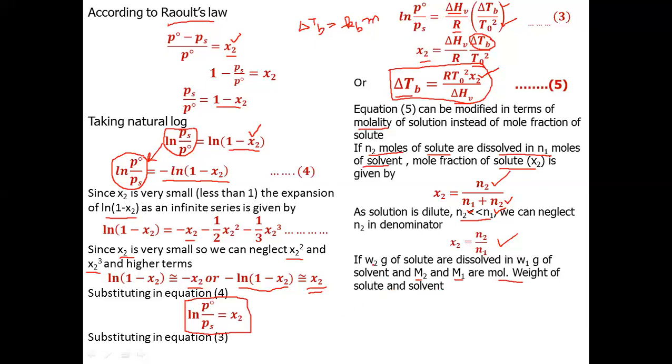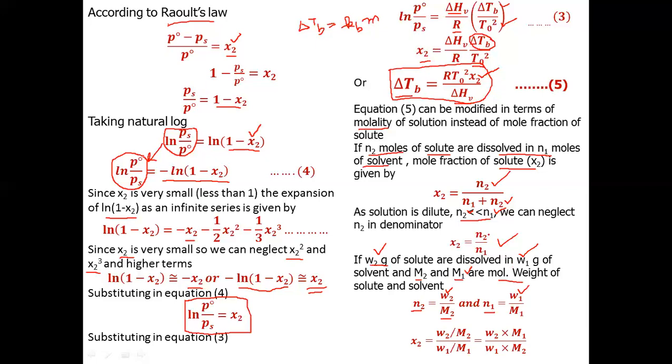So from these assumptions, we can define the number of moles of solute as the weight of solute W2, because we have taken W2 gram of solute, divided by the molecular weight of solute, and the number of moles of solvent is equal to W1, the weight of solvent, divided by M1, the molecular weight of solvent.